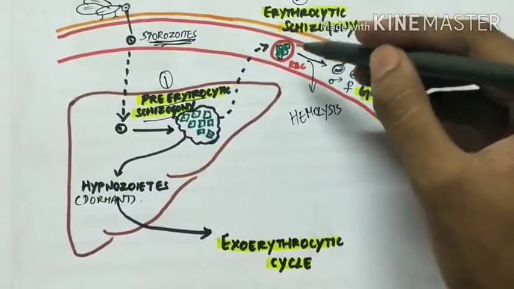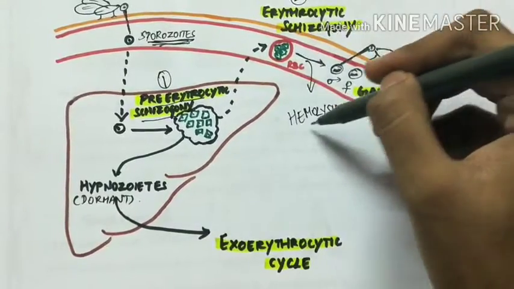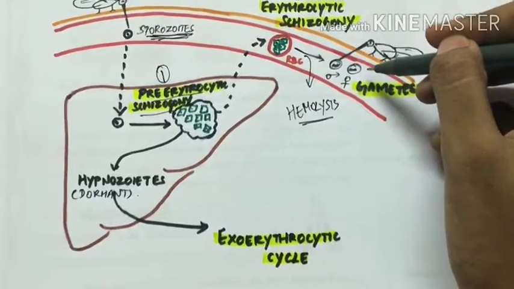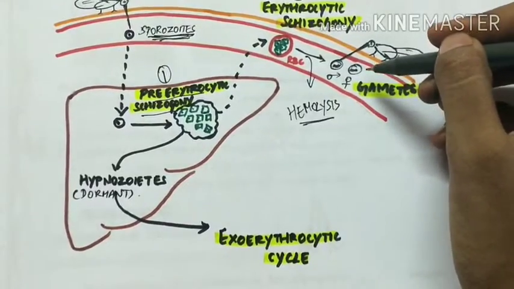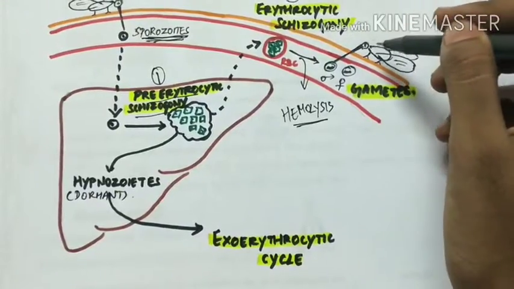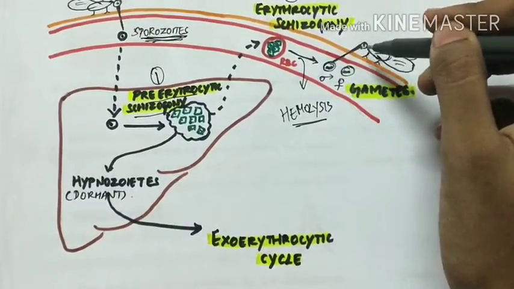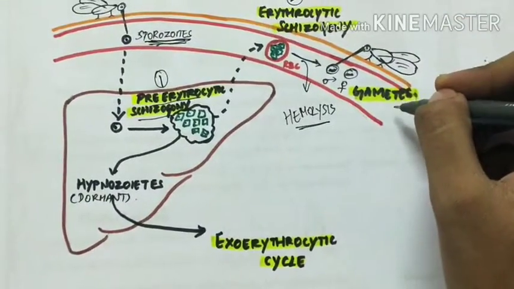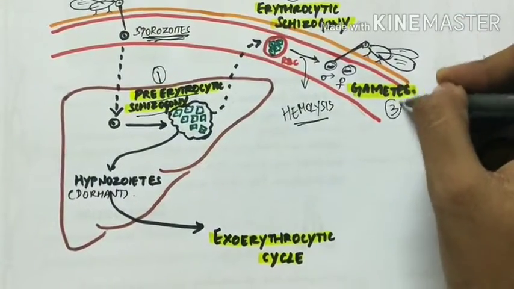And after the RBC undergoes hemolysis, they release the gametes into the blood. And these gametes are taken up by the mosquito when it sucks blood. This is the third stage.